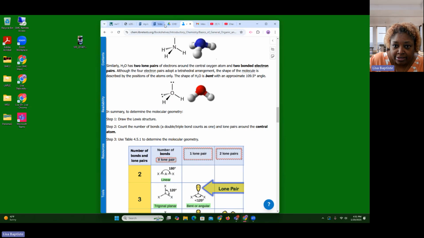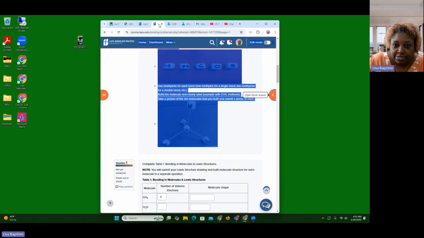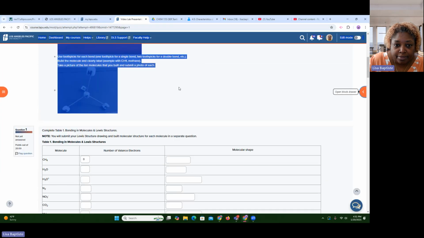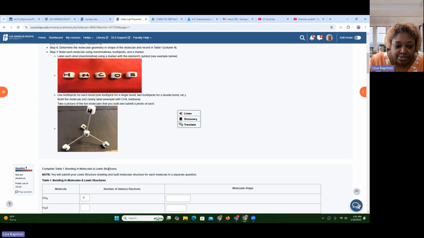Let me go back so that you can see what that looks like. We have our carbon in the middle, and our 4 hydrogen around it. These toothpicks represent the number of bonds. There are 4 bonds, so the molecular shape would be tetrahedral, and that's what you would put in that box.